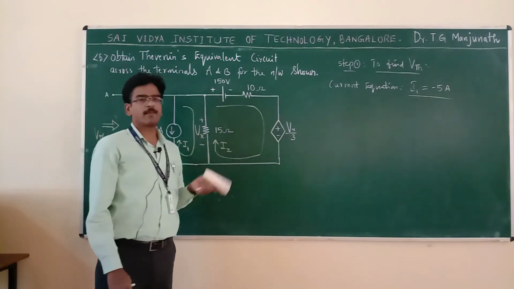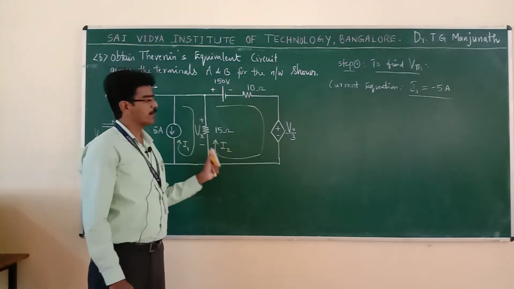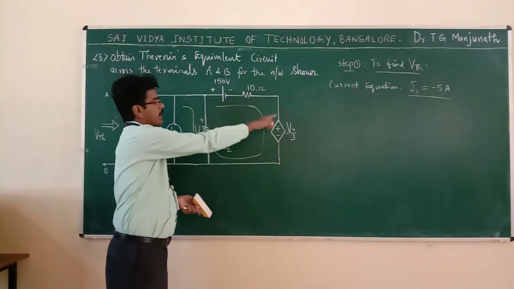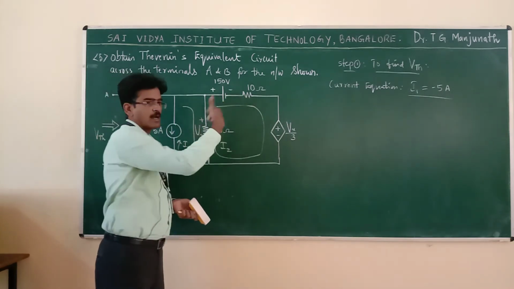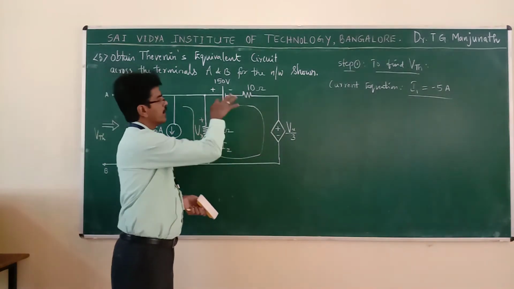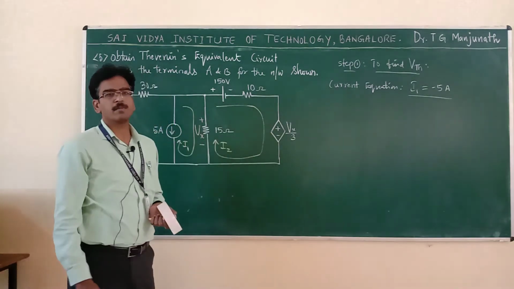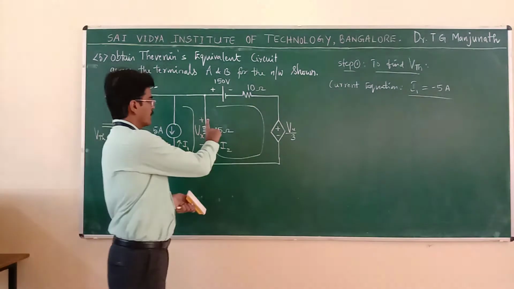Then successfully I can apply KVL to the second loop. What is the KVL to the second loop? I will write the sum of all the voltage drops on the left hand side, and equate this to the algebraic sum of voltage sources.